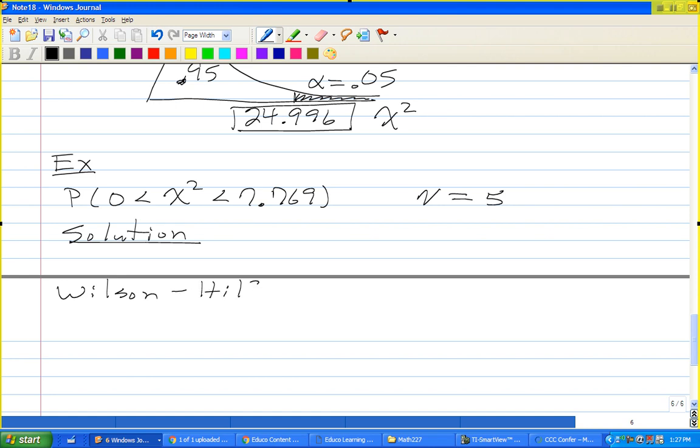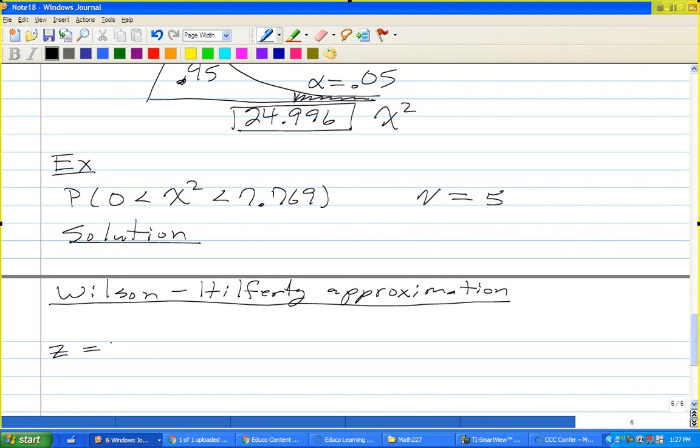So Z is equal to the cube root of chi squared over nu, minus 1 minus 2 over 9 nu, over the square root of 2 over 9 nu.